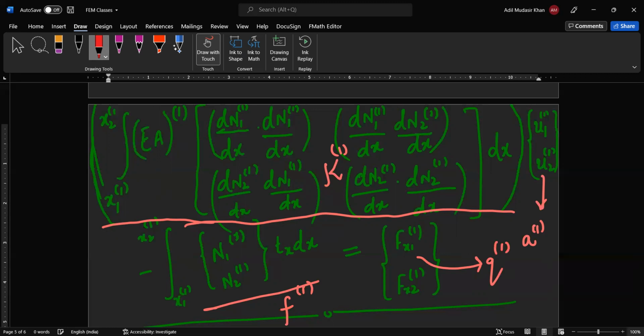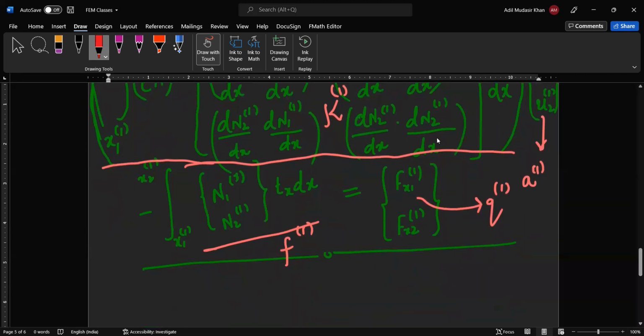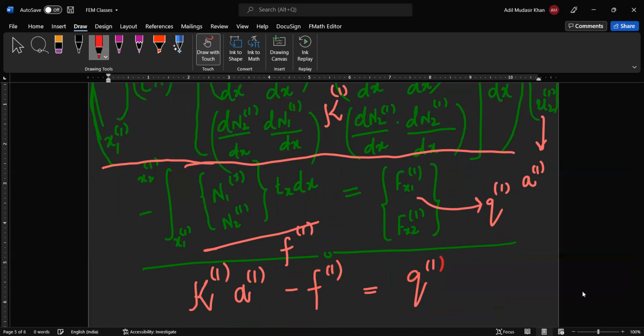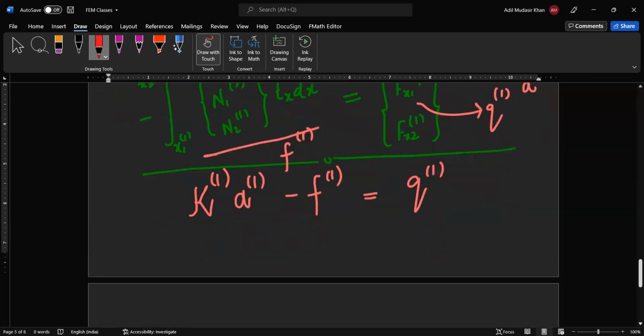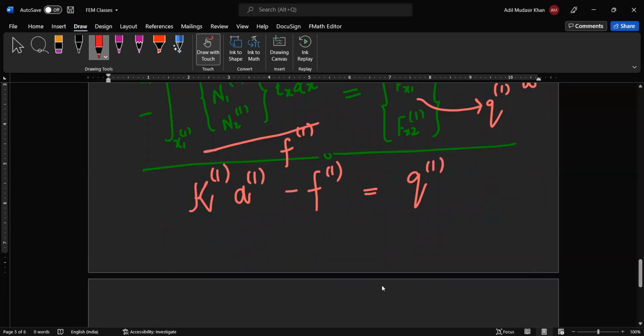So we can write this as KA minus F is equal to Q. So this is K of element 1, A of element 1 minus F of element 1 is equal to Q for element 1.